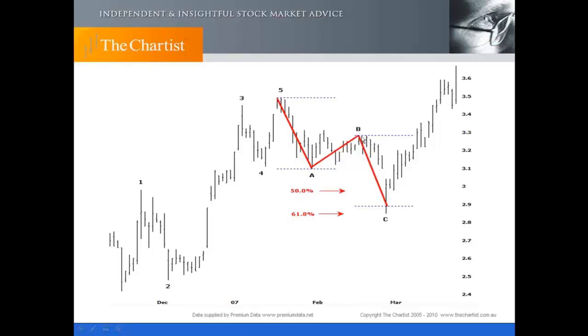So let's take a look right here. Absolute cracker, perfect example, textbook zigzag pattern. We've got 5 waves up, wave A comes down, B, you can see 3 waves up to B. That's a 50% retracement, that blue line, and again we come down. Note as well that we've stopped almost in between the 50% and 61.8% area, and have a look, what do we have there?